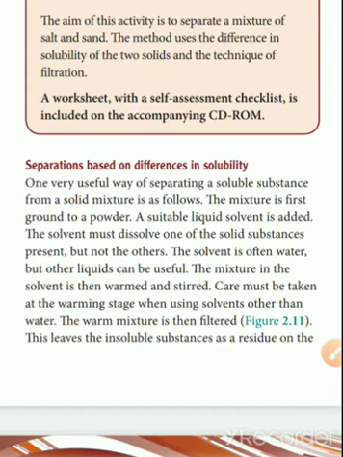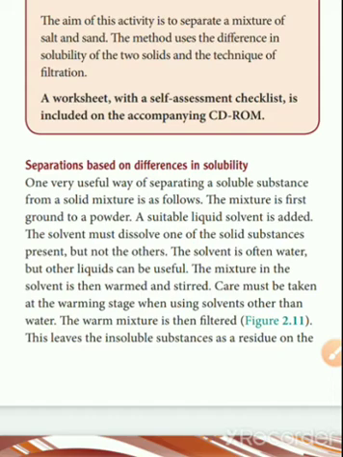Let us say I have a mixture of salt and magnet again. I am going to grind them and mix them up. Later on, I would find a suitable liquid, or a soluble solvent. What is the role of this solvent? It must be soluble with one of the solutes and insoluble with the other.